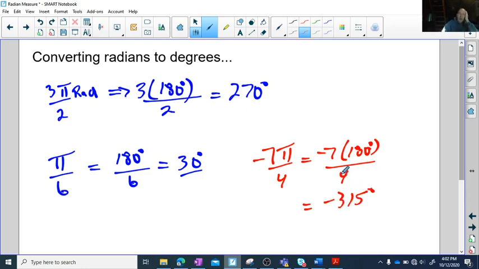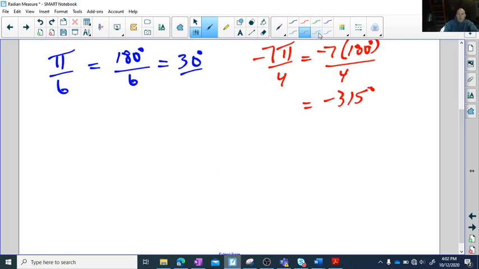Now, it's not always given in terms of pi. So you might be given something like this. Let's suppose they give you 7.46 radians, and you're wondering what that is in degrees. Well, you should always have some kind of a reference as to what kind of an answer you should be expecting.